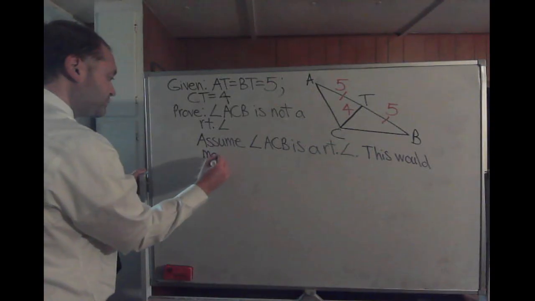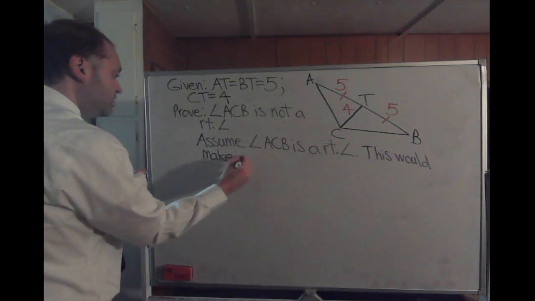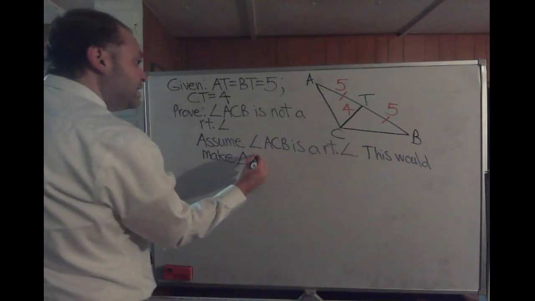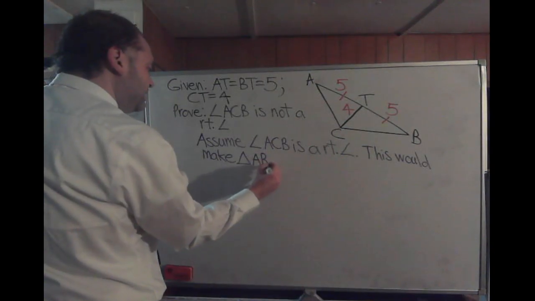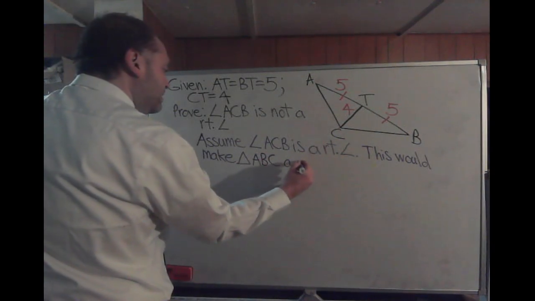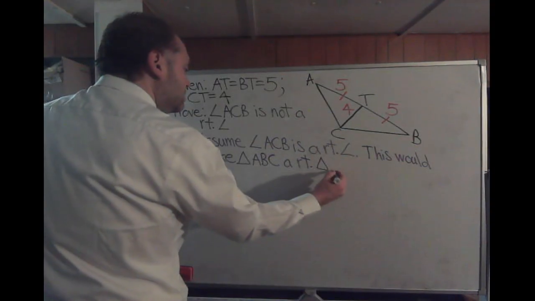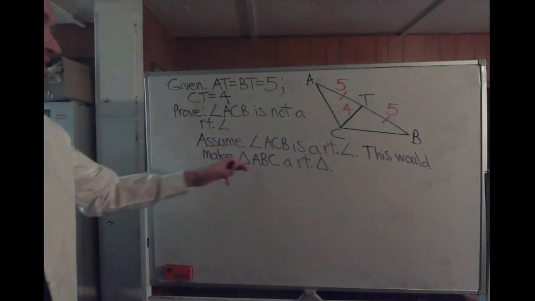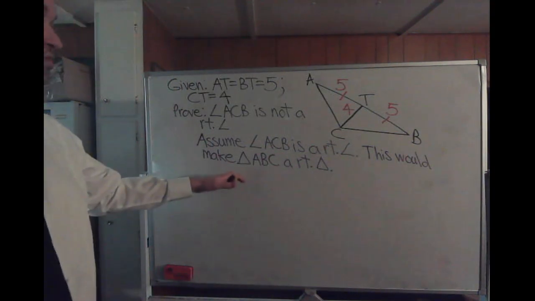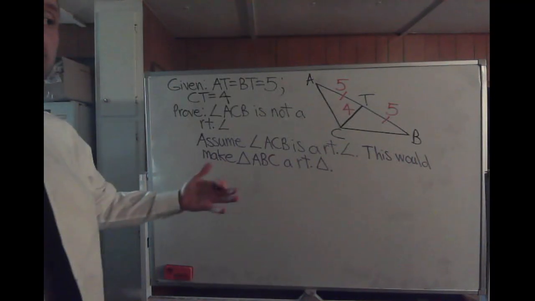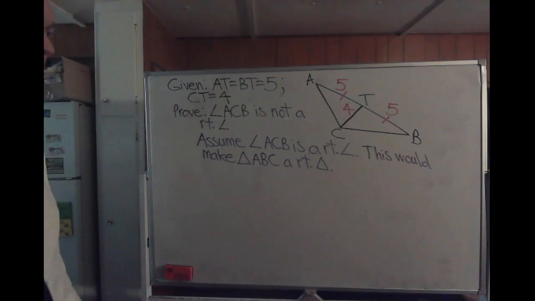This would make triangle ABC a right triangle. So yes, if angle ACB was in fact a right angle, this would make triangle ABC a right triangle, would it not? Okay.